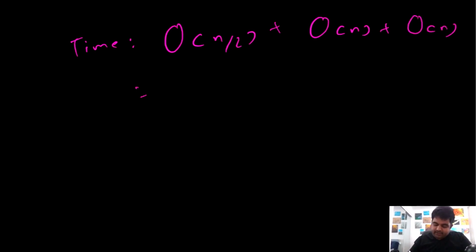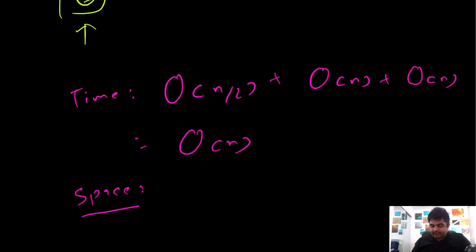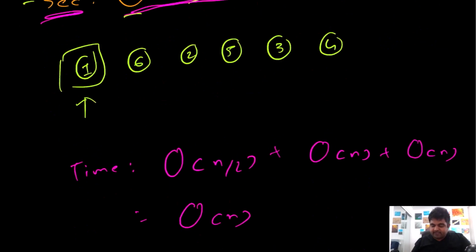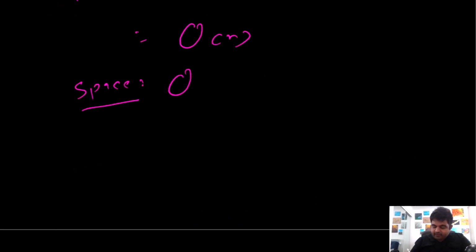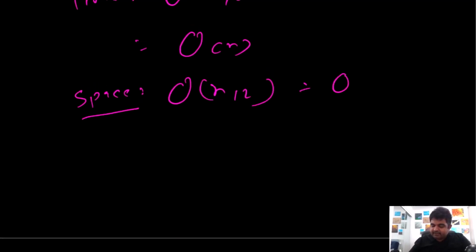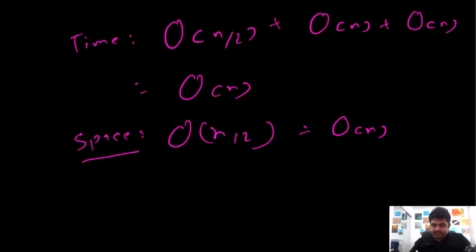So in general, we can say that we are doing O(n) work. In terms of space complexity, we are using an additional linked list, this second linked list, to store the values, and over here we are storing about half of the nodes, which means we will require O(n/2) additional space. So generically we can write this as O(n) as well, and this would be the time and space complexity.